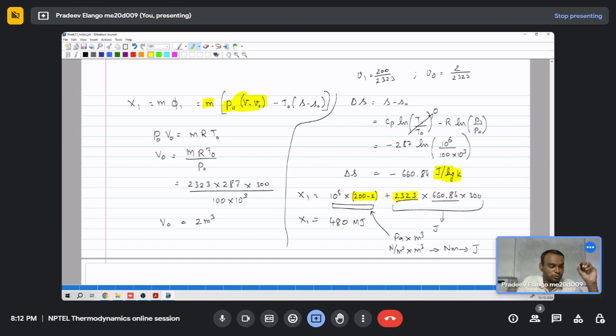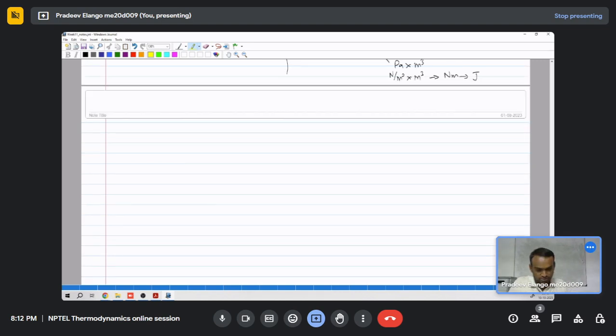So to find the total energy, it is equal to mass into specific energy, right? Right, sir. So here we will have kilogram, and specific energy will be kilojoule or joule per kilogram. That is how we will get joules. Now we are multiplying pressure into volume.